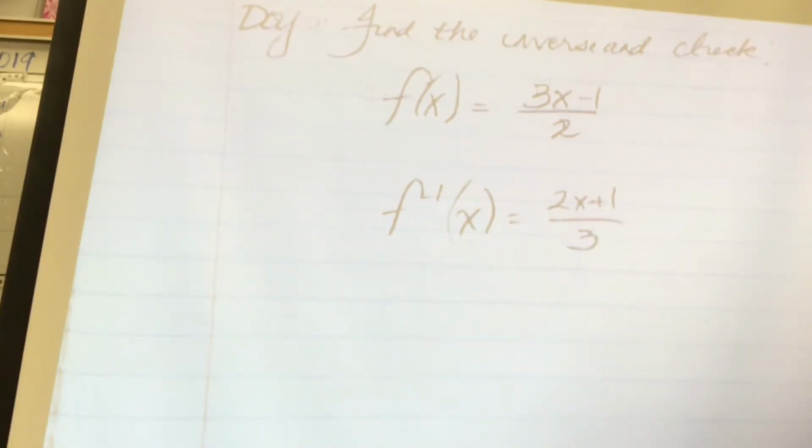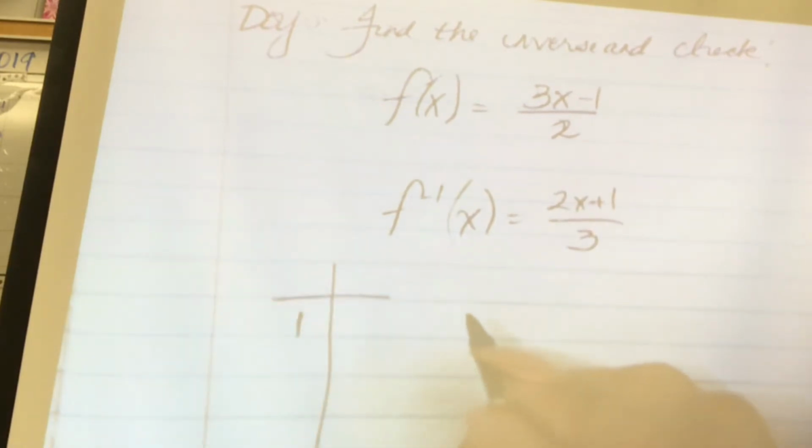Am I right? And did you guys use your table to check? Jessica, can you tell me the table that you plugged in? Okay, well give me 1 point. What did you plug in? You plugged in 1 and you got, okay.